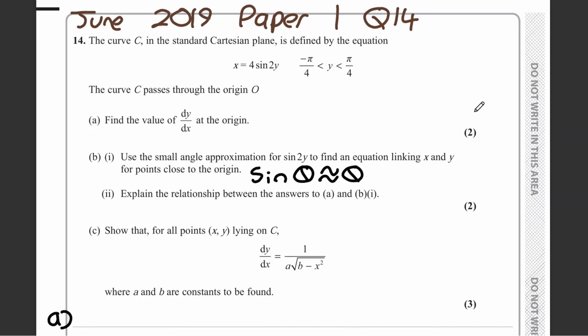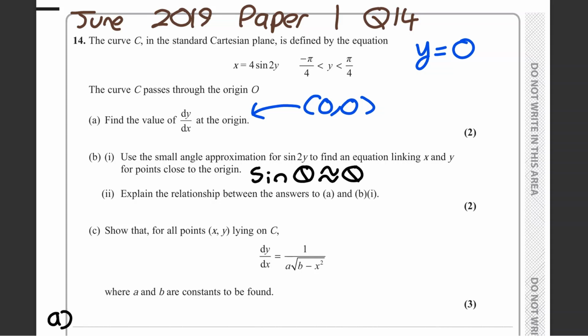Okay, so for this here, rather than trying to rearrange this to make y the subject and then differentiating this to get dy over dx, remember the origin is the point (0, 0). So as well as knowing that x is equal to 0 at this point, we also know that y is equal to 0.